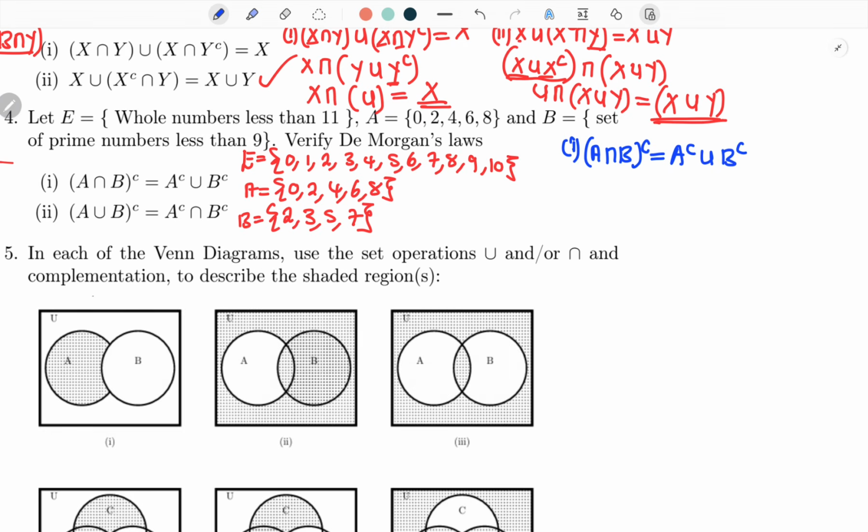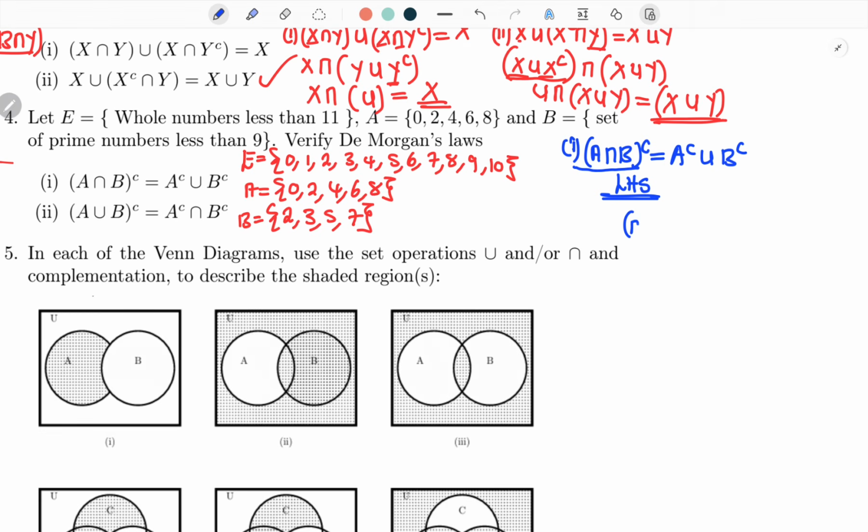Now, this is how you prove De Morgan's law. So you are going to say left hand side. On your left hand side, we are going to prove this. You work out that first.